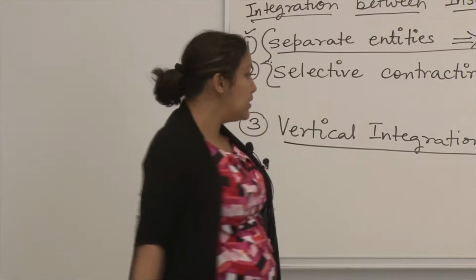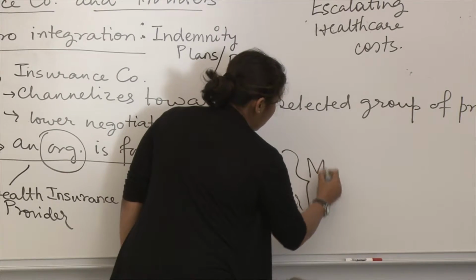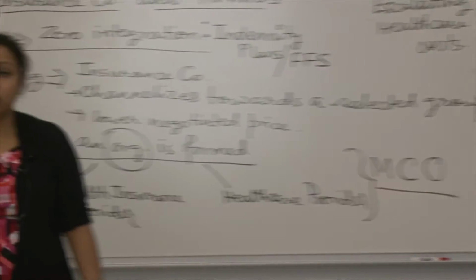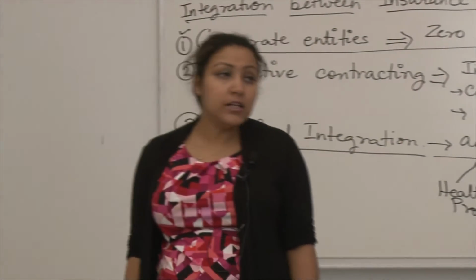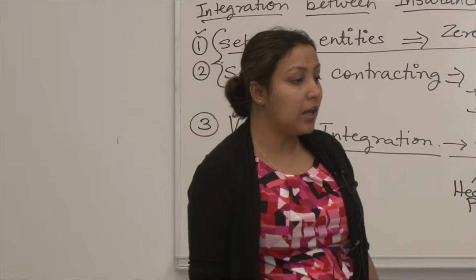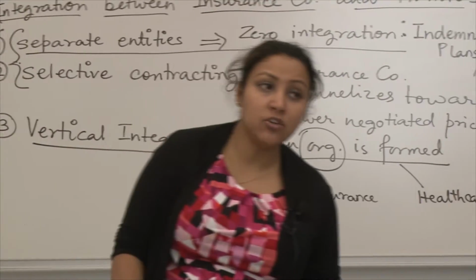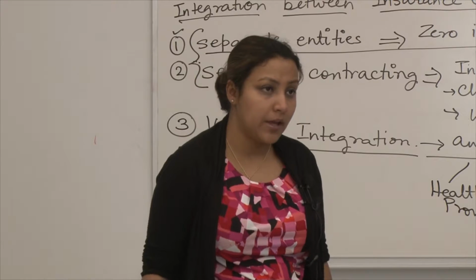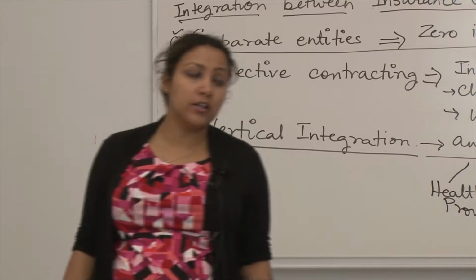Okay? This is the key feature of what is known as a managed care organization, MCO. So vertical integration, in other words, is the formation of a managed care organization. And what is a managed care organization?